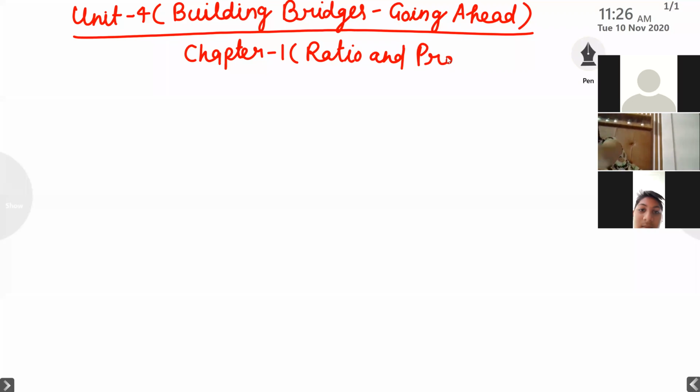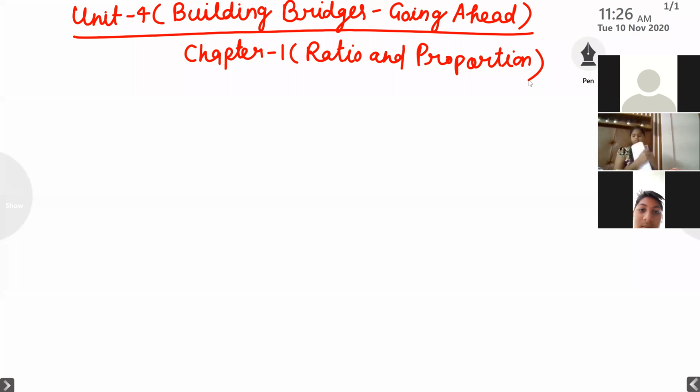Don't write, students, already you have mentioned the chapter name and unit name. No need to mention. In this first chapter, I have explained what is ratio, how to write ratio into simplest form. Now today I am going to explain about equivalent ratio.